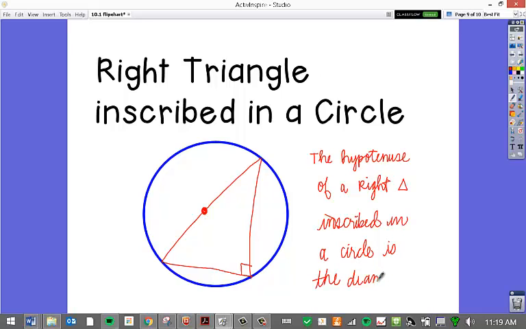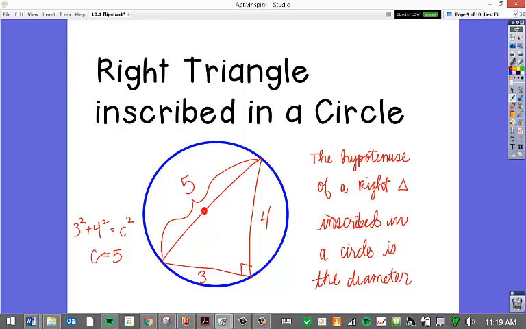So what this means is, let's say I told you that this leg of the right triangle is 3 and this leg of the right triangle is 4. We could do Pythagorean theorem, a squared plus b squared equals c squared, 3 squared plus 4 squared equals the hypotenuse squared. Well, this is a Pythagorean triple, so that makes the hypotenuse 5. Well, that's the diameter of our circle.